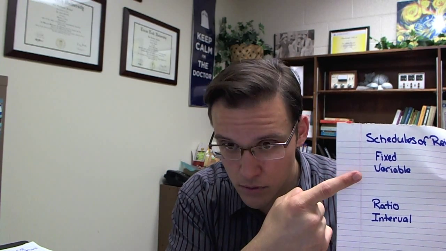So because I've varied the number of times the behavior has to occur, I've just described to you a variable ratio schedule. We're still reinforcing the behavior after it occurs a certain number of times, but the number of times it has to happen varies. It changes.